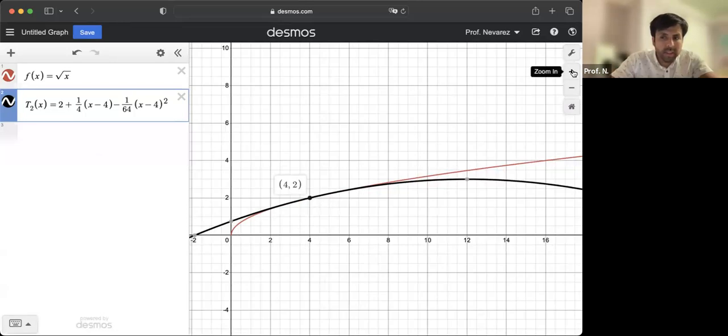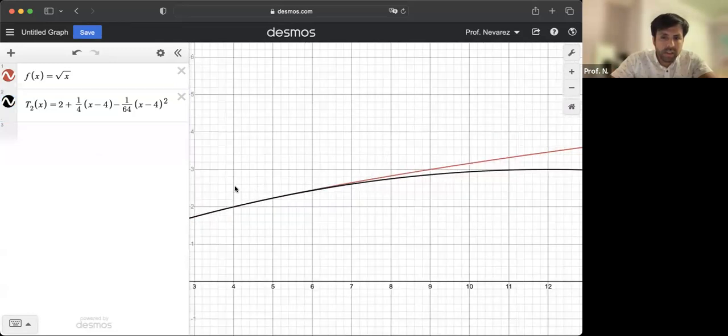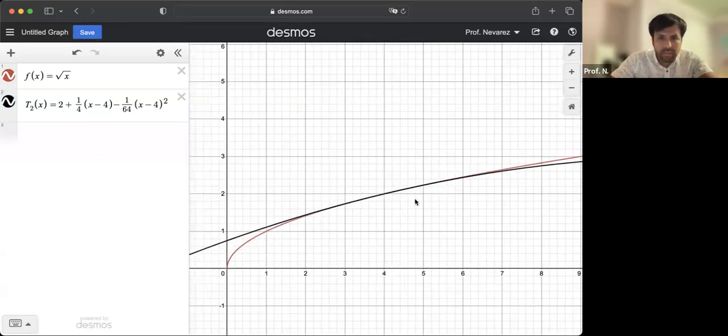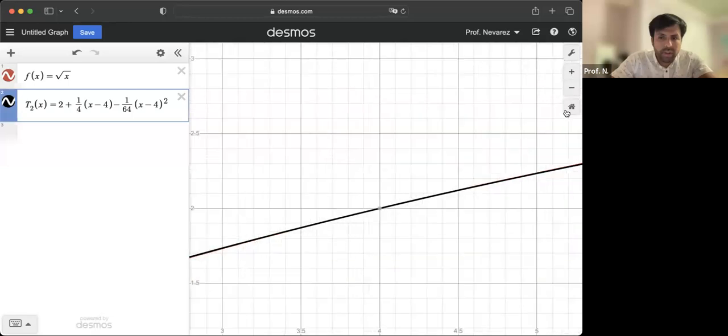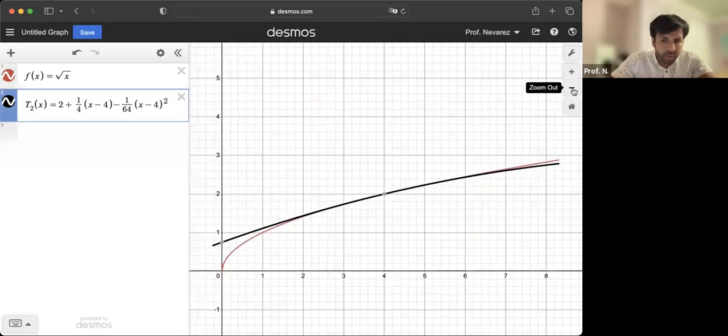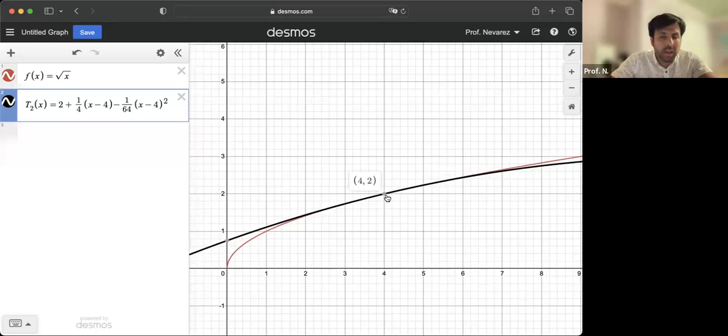So you start to see that the black graph touches the red graph, which is f of x, precisely at the point x equals 4, y equals 2. And so the black polynomial graph is a pretty darn good approximation to the actual graph, the red one that we're considering, for values very close to 4.